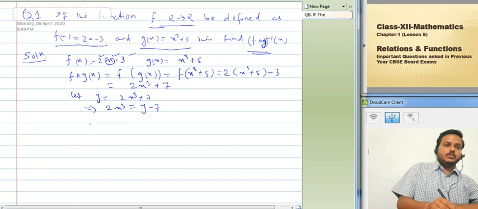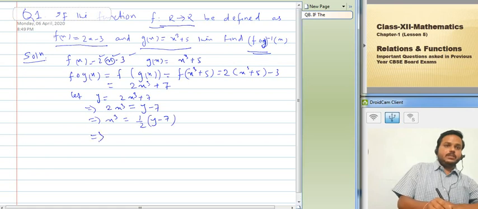Now I will have x is equal to half of y minus 7 raised to the power 1 by 3. This is whole. So in other words, this is nothing but cube root of y minus 7 whole divided by 2.